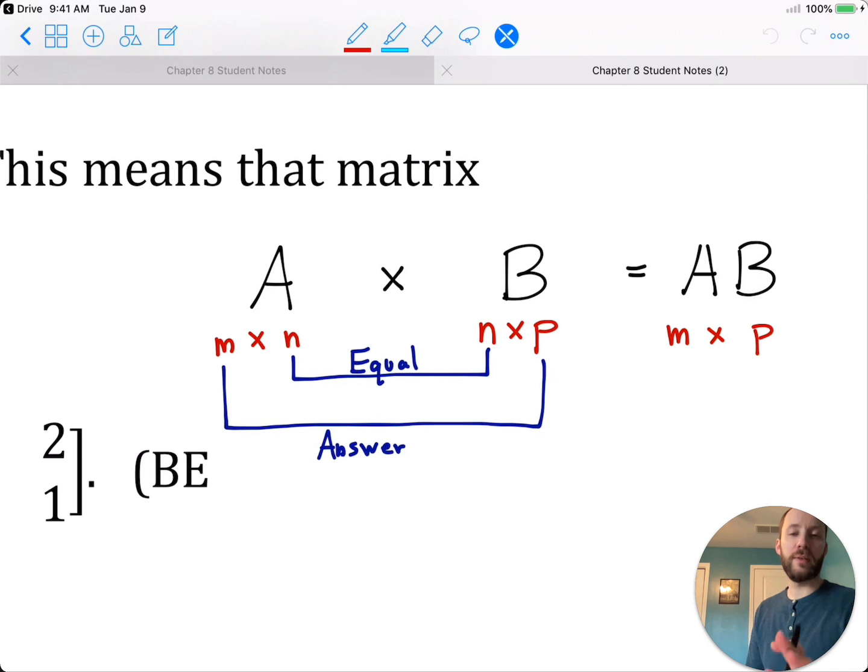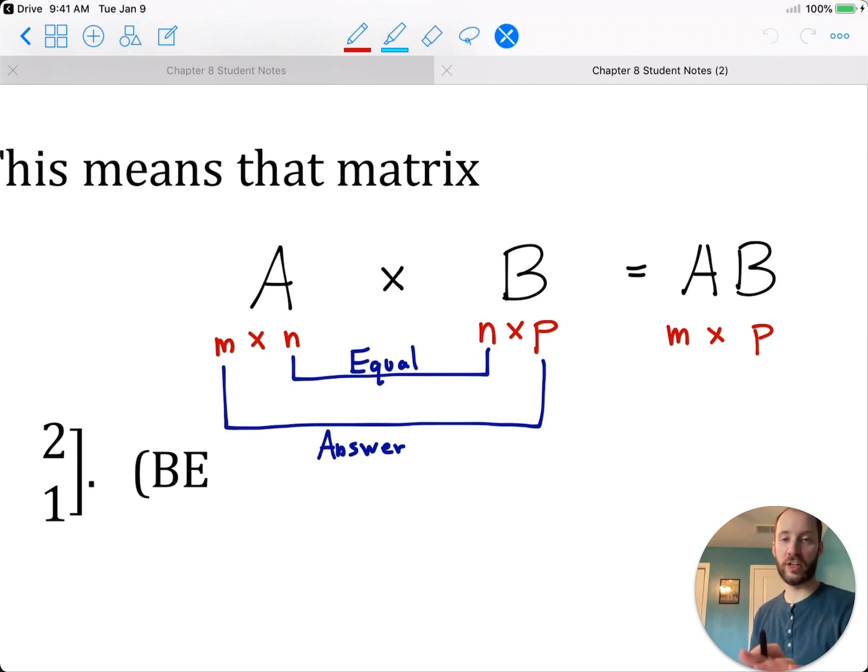If you have a matrix multiplication that works, matrix A is m by n. Matrix B, the rows have to equal the columns from the first, so n by p. What's inside, the n's, must be equal. Then what's outside, the m rows from the first and the p columns from the second, will be the order of your answer. So your answer is a matrix with order m by p.